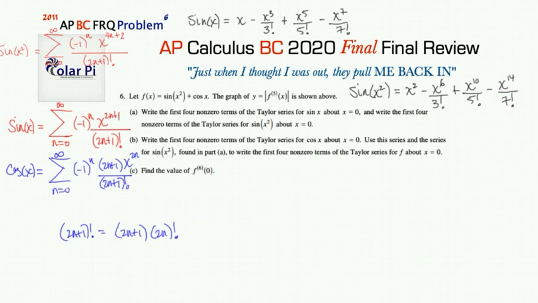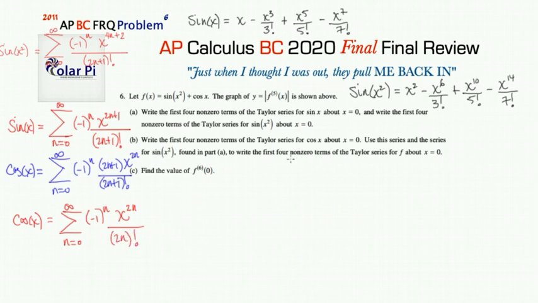I'm saying you can simplify what we have inside of sigma for the cosine Maclaurin series a little bit and write that cosine x Maclaurin series is equal to the sum from n equals 0 to infinity of negative 1 to the n, and then x to the 2n over 2n factorial.